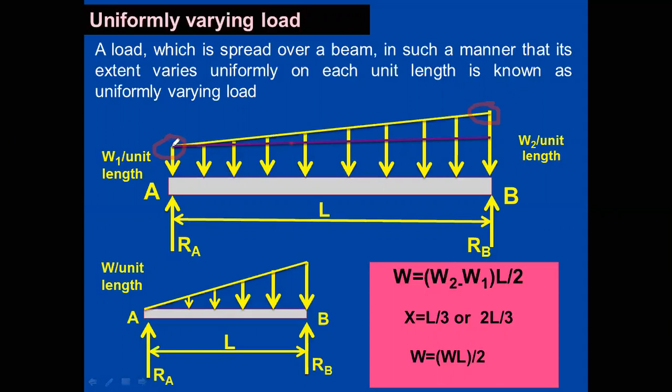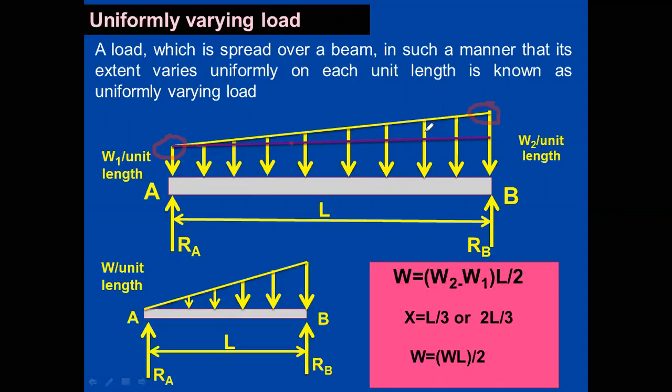So from 0 to L, the load increases from 5 to 50 kilonewton per meter, changing gradually for every unit length.